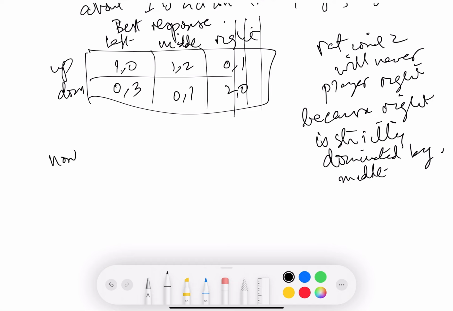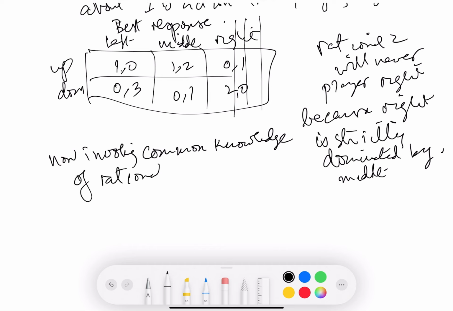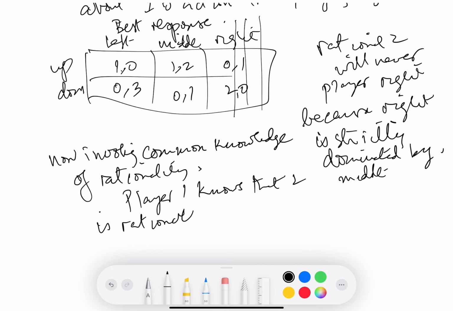Now invoking common knowledge of rationality, player 1 knows that 2 is rational and therefore will never play right.